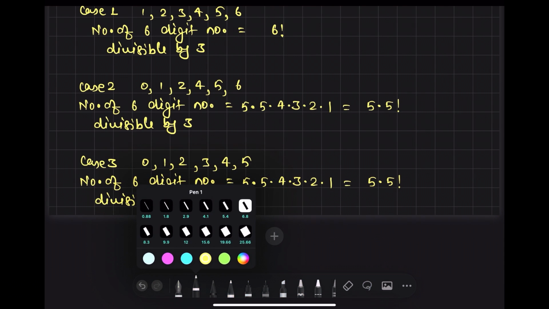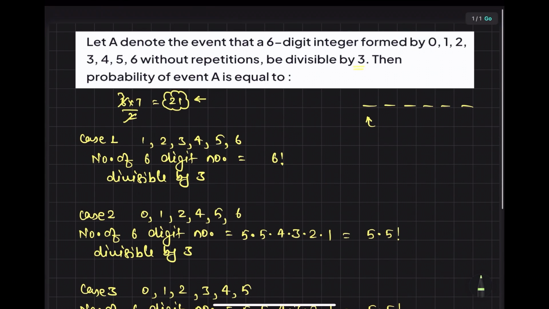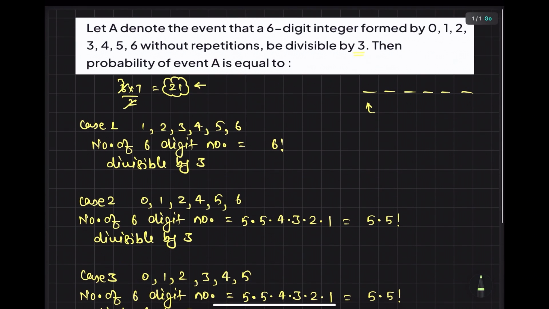Now look at this. We have to focus on the sample space, the number of outcomes. If you observe, you have to make a 6-digit number.